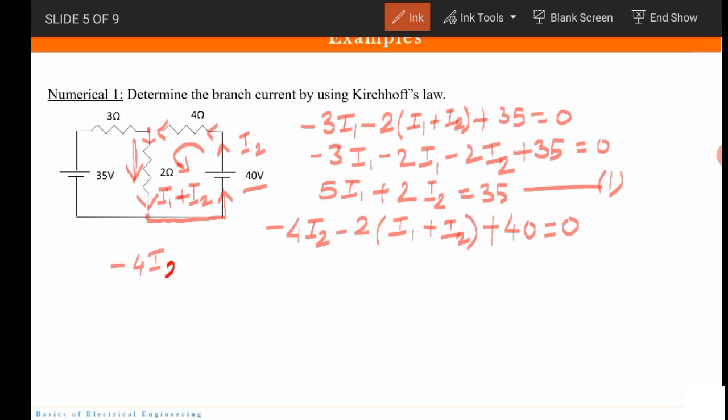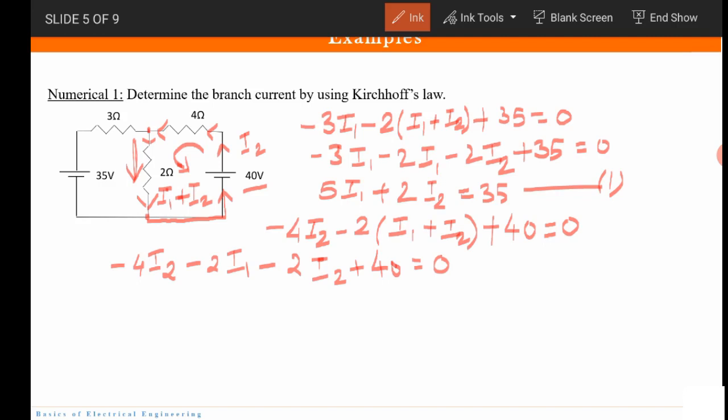So it is minus 2 I2 minus 2 I1 minus 2 I2 plus 40 is equal to 0. Okay. Now again we will solve this and we will take the negative terms to the other side.